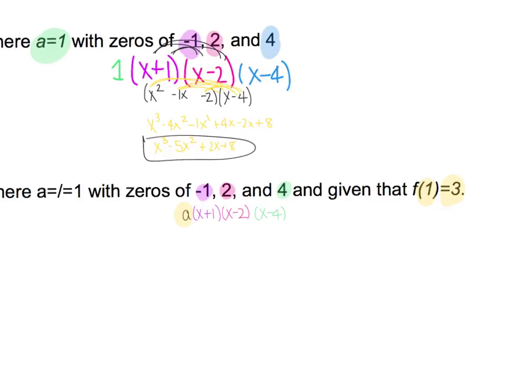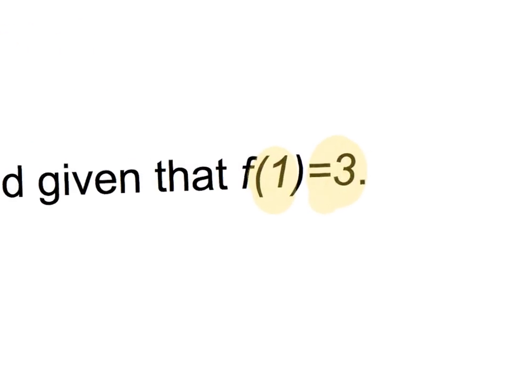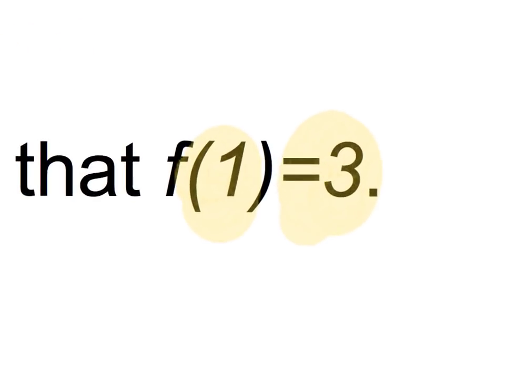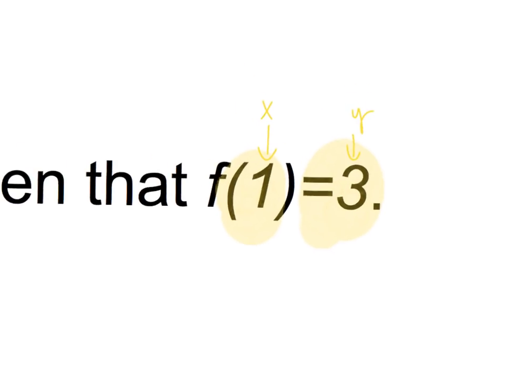And you're like, well, how is that going to help us? Well, keep in mind what this means. This means that if you plug in 1 for x, you should get out 3 for y. That's literally what f of 1 equals 3 means: x is 1, your input, and 3 is your output.